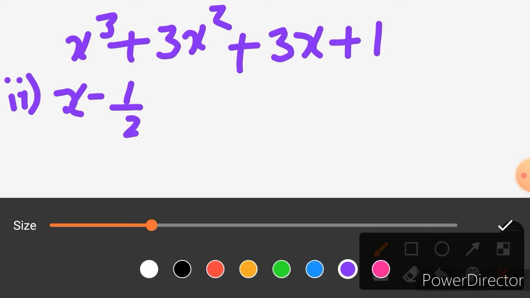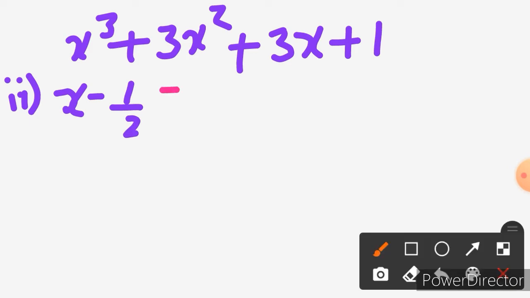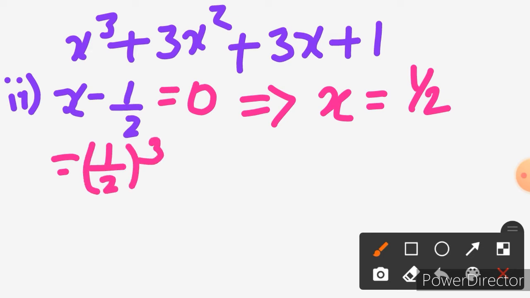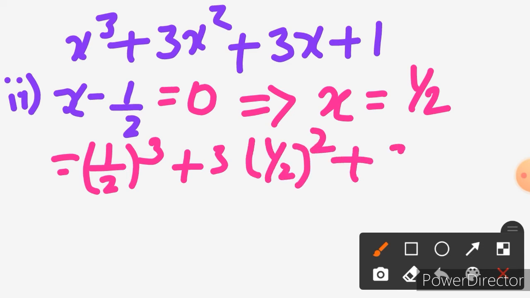Firstly, I'll find the zero of this polynomial. When you equate x minus 1 by 2 to 0, you will get x equal to 1 by 2. Now I'll substitute in this expression: 1 by 2 whole cube plus 3 into 1 by 2 whole square plus 3 into 1 by 2 plus 1.